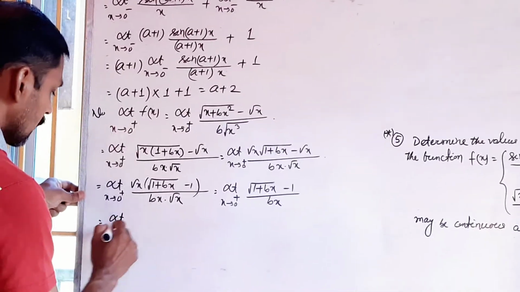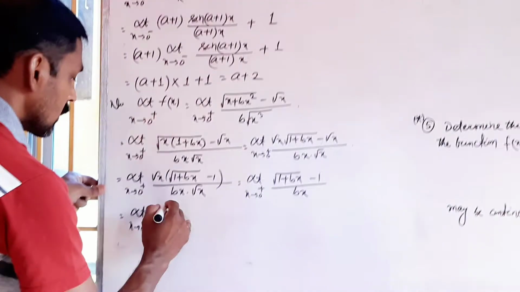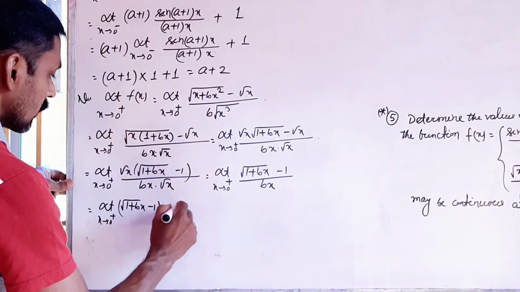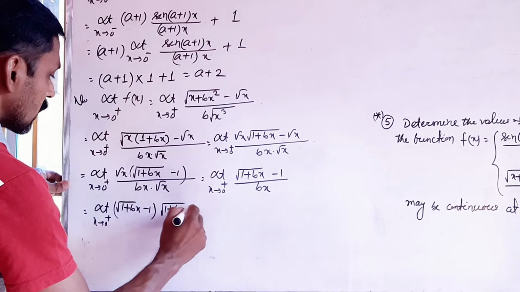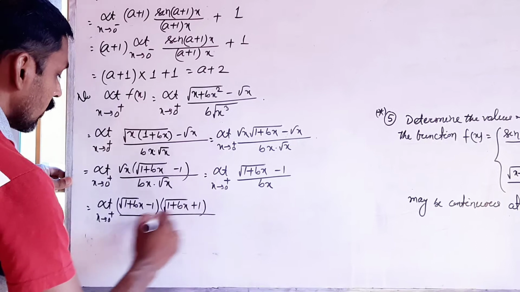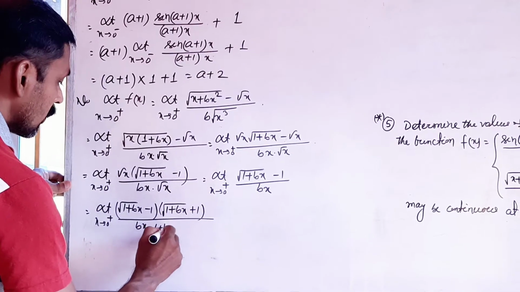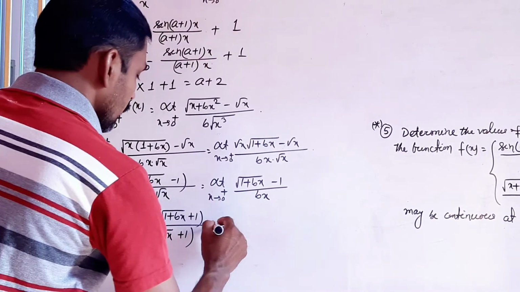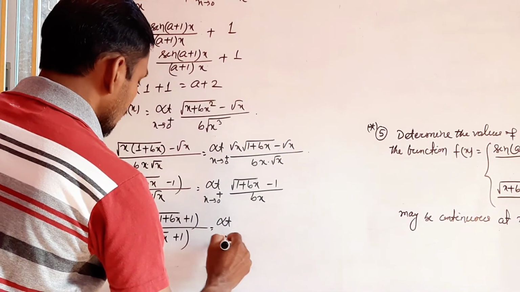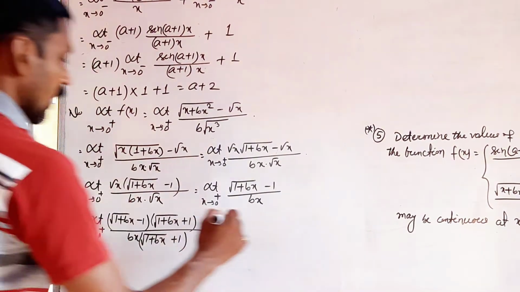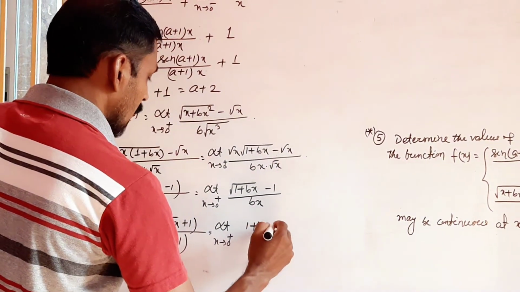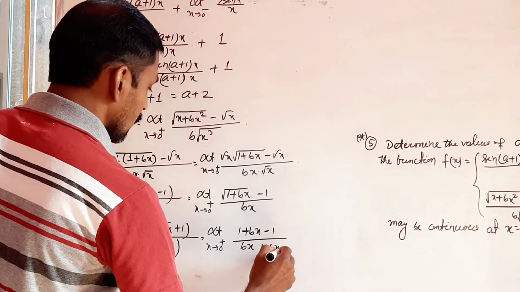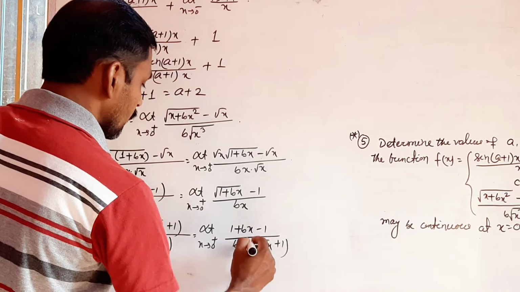So it is limit x tends to 0 plus, root of 1 plus bx minus 1 into root of 1 plus bx plus 1, by bx into root of 1 plus bx plus 1. It is limit x tends to 0 plus, a square minus b square. So 1 plus bx minus 1 by bx into root of 1 plus bx plus 1.